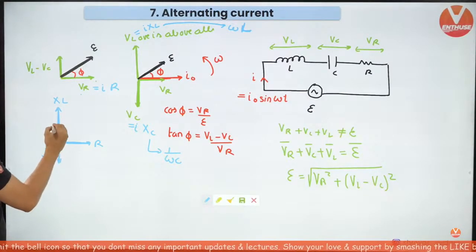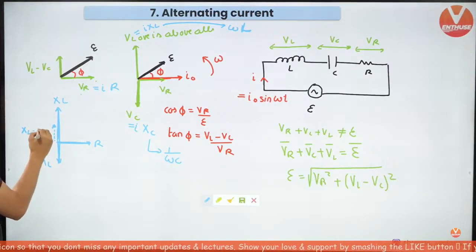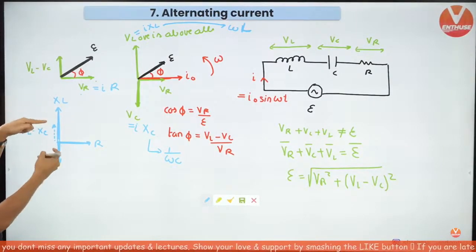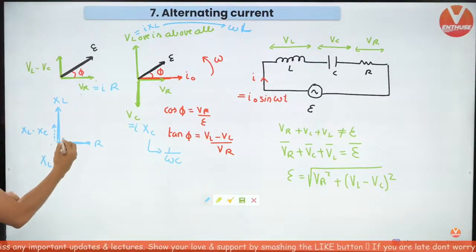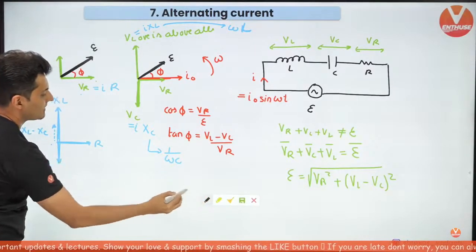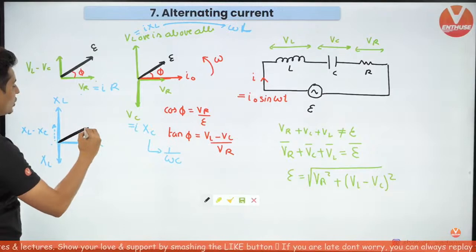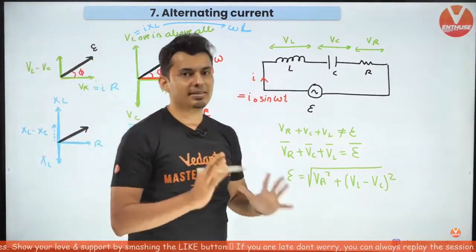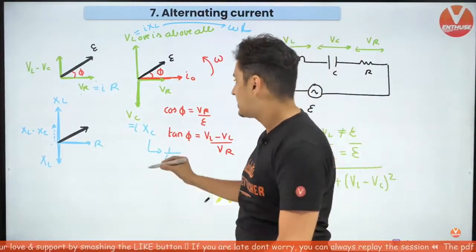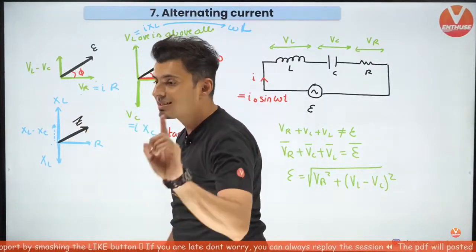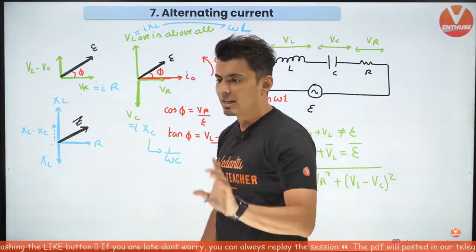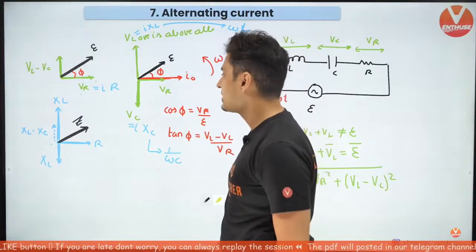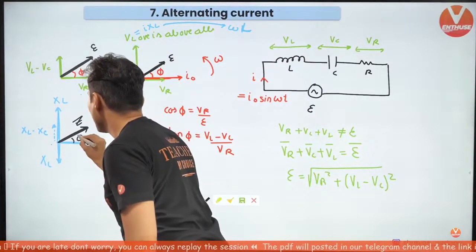So you will be just left with XL minus XC. If you subtract these two, the resultant of this and this vector, you will get the total effective resistance. That resistance is called Z, which is impedance. That is called impedance, nothing else. And this is again the same angle.